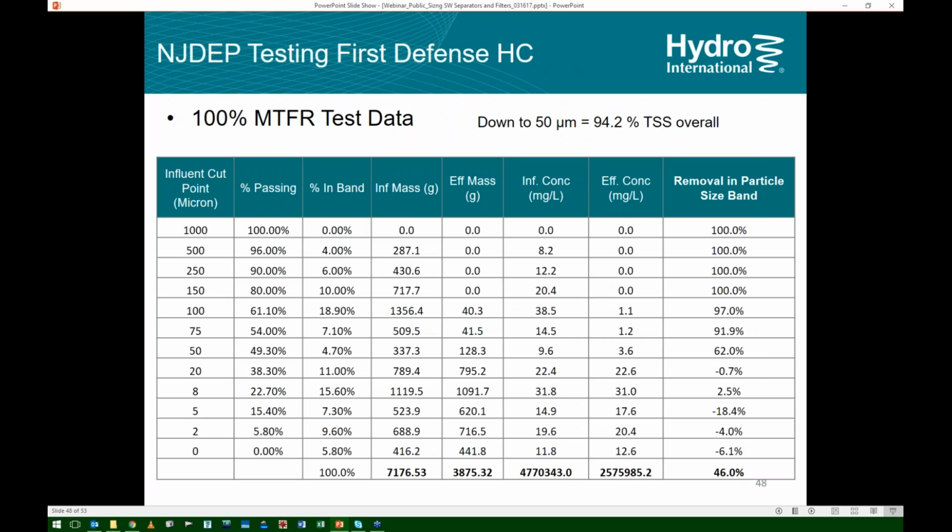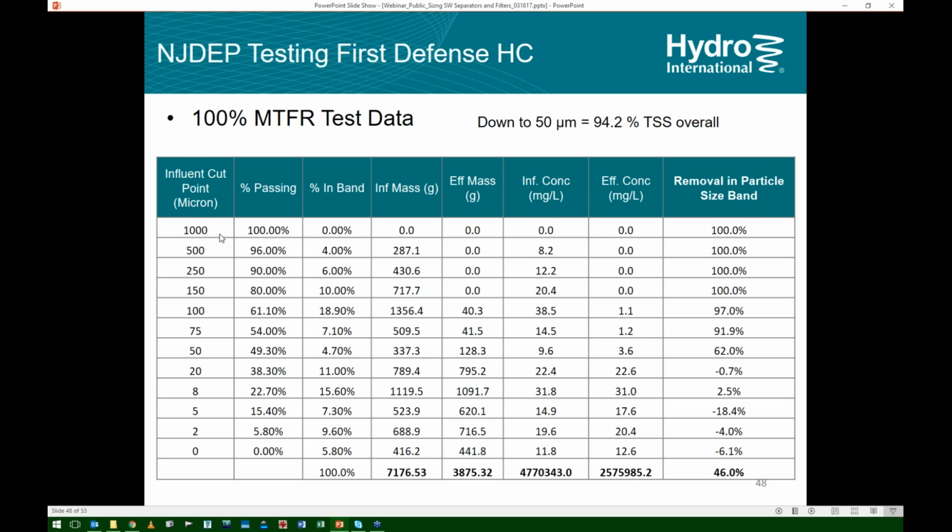This is a conundrum. We solved that problem ourselves within Hydro, because what we did, when we did our testing, we didn't measure the mass of everything as a total. We actually measured individual particle size ranges going through the device. So we separated out the New Jersey particle size gradation into its little constituent parts and measured what was going in and coming out for each particle size.